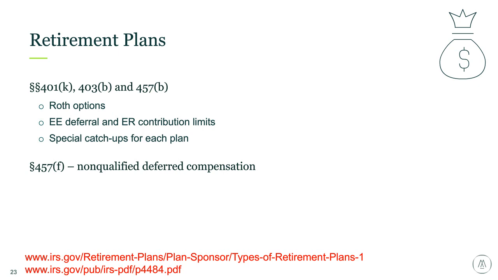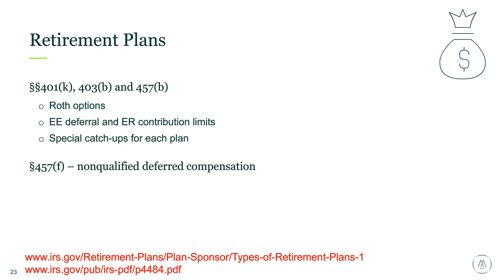So it's just a quick reminder, in the essence of time, we're just going to quickly talk about a couple of things. In the 401k, 403B, Roth options, employee deferrals, employer contribution limits, and special catch-ups. So the special catch-up, all of these 3 plans allow special catch-ups, which I think is lovely.